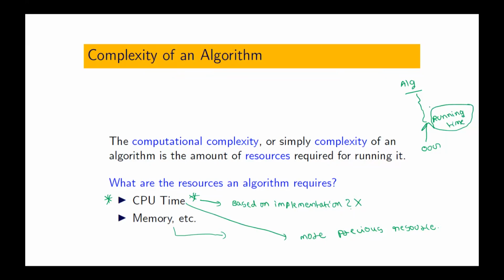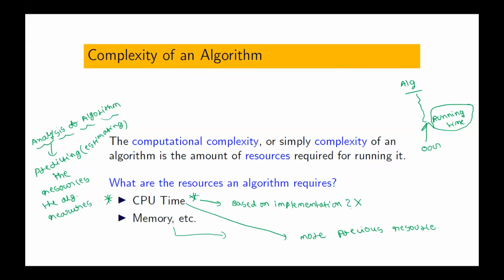So this is called analysis of algorithms. What does analysis of algorithm mean? Estimating, that is, predicting the resources the algorithm requires.